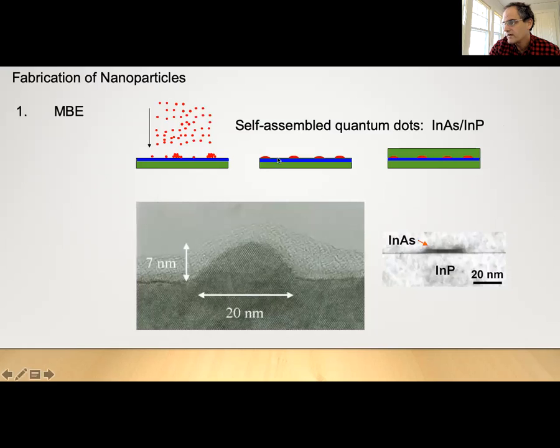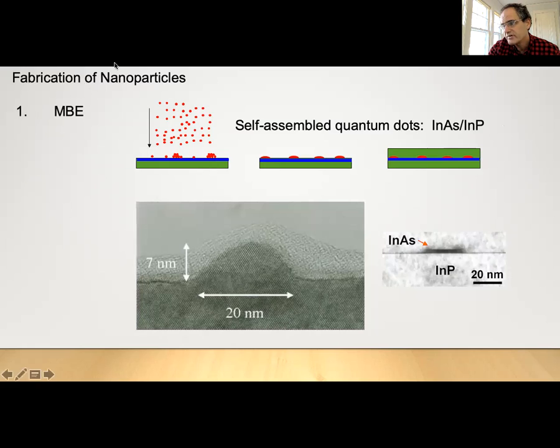The first are what are called self-assembled quantum dots, and they can be made by molecular beam epitaxy. In this case, we grow on top of a semiconductor. We start to deposit another semiconductor, but we make it so that the lattice constants of the 2 semiconductors don't match.